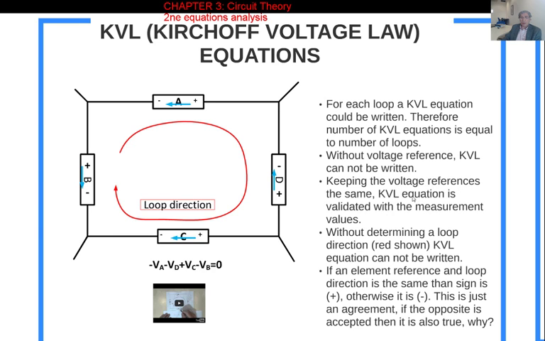Keeping the voltage references the same, the KVL equation is validated for the measurement values. So keeping the voltage references the same, you can validate this equation by measuring voltages of these elements according to the given or chosen voltage references.